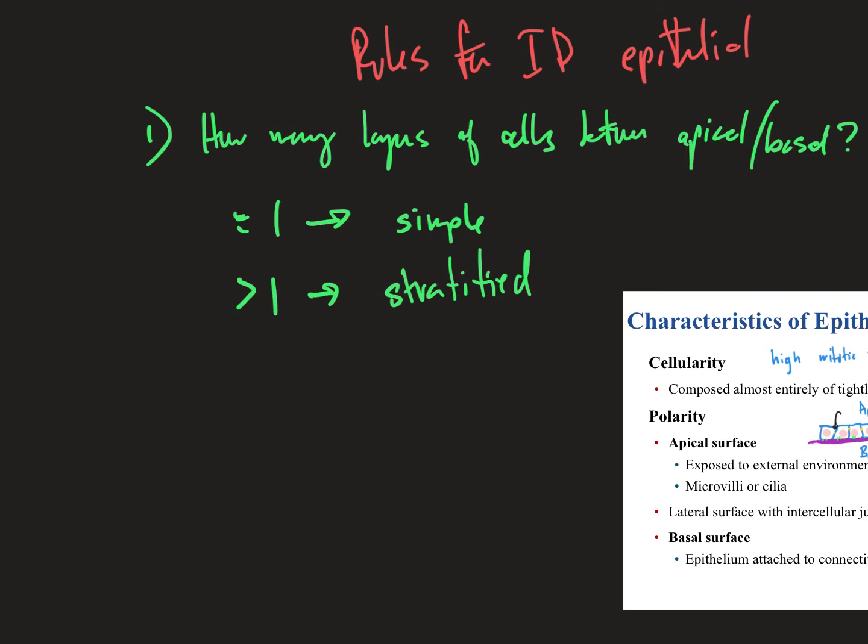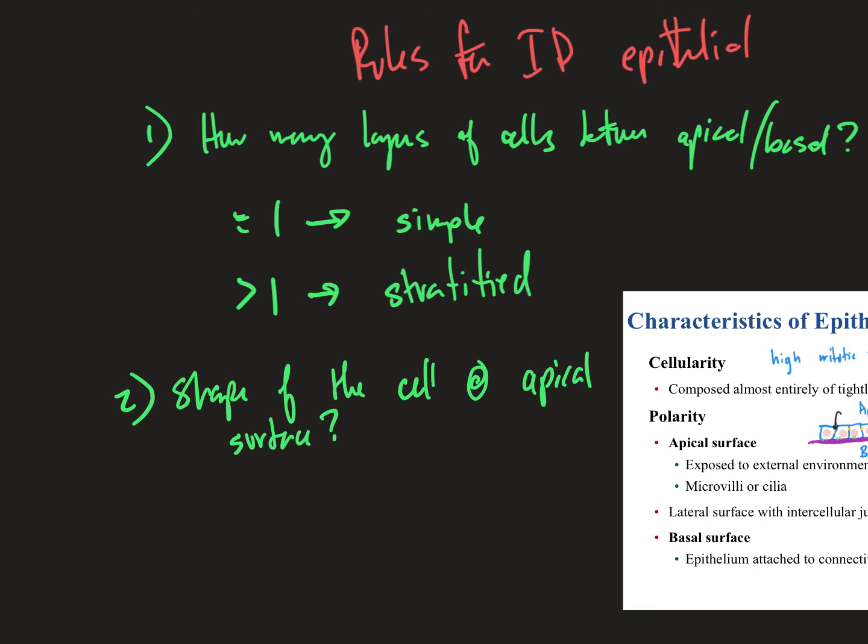Our second question is, what is the shape of the cell at the apical surface? It doesn't matter if it's 1 layer of cells or multiple layers of cells. We only care about the cell at the apical surface. And so the shapes can be what?